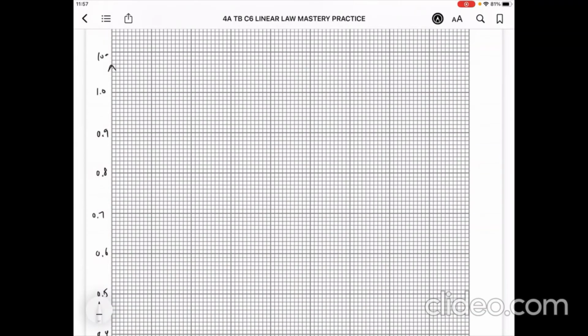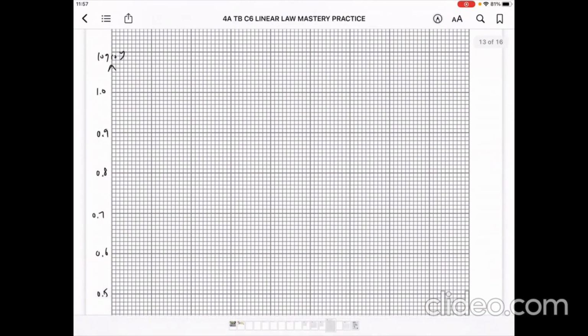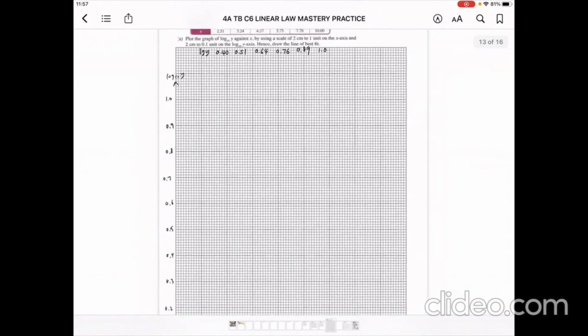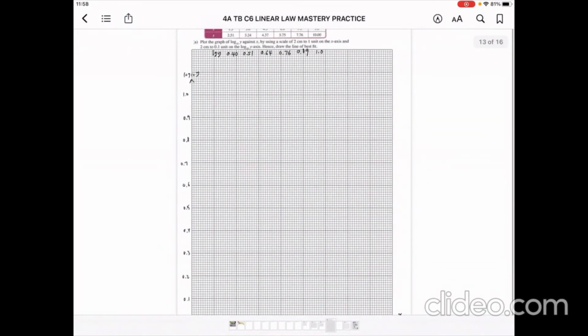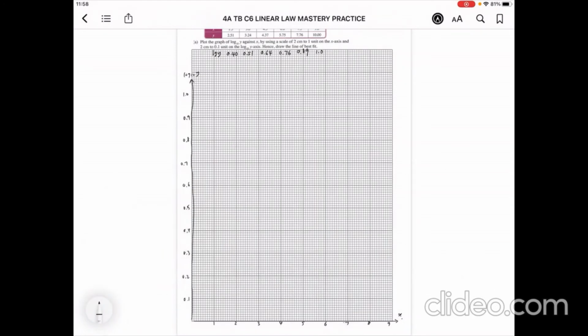This is log base 10y. Okay, I'm going to draw a straight line here. Again, a bit hard to draw. So I start from bottom all the way to the top.